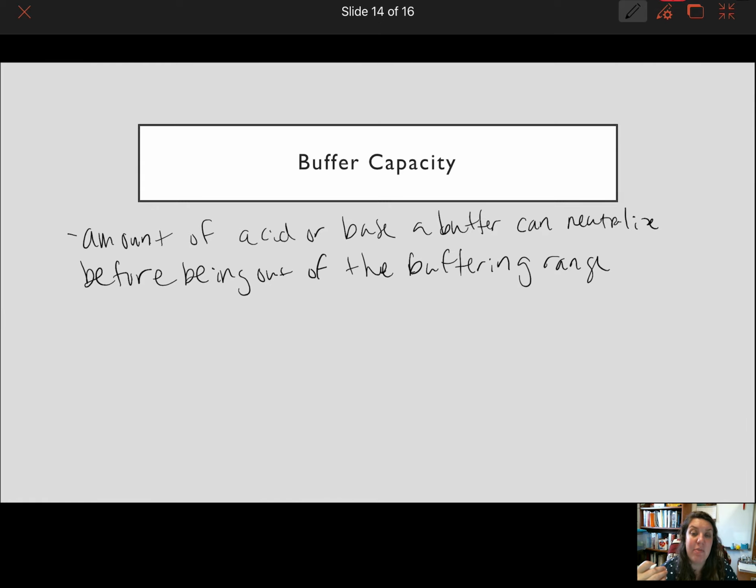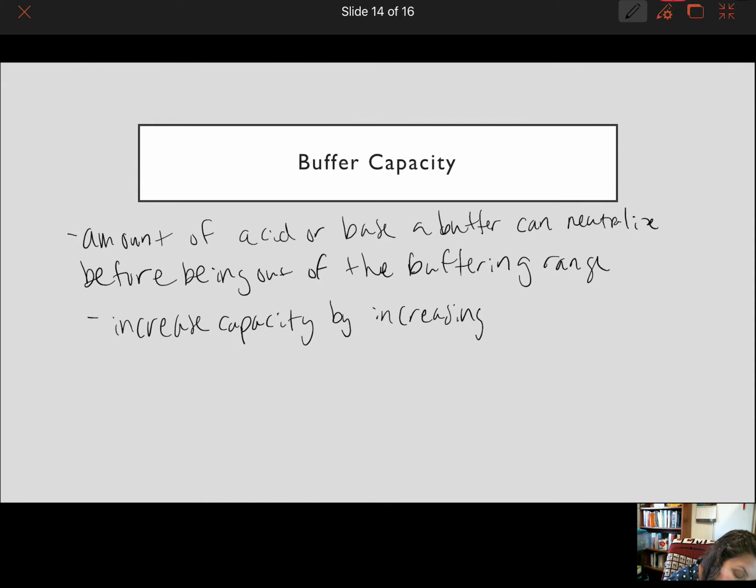We do this by increasing the concentration of our conjugate acid-base pair. So the greater the concentration of your acid and base in your buffer, the greater your buffering capacity.